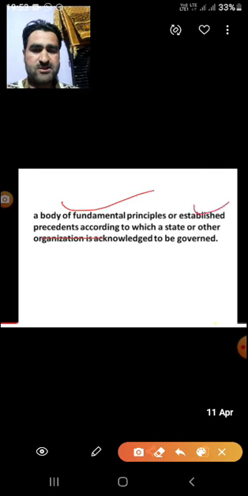We have both written as well as unwritten constitutions even in the world today. So it is not only the body of rules and regulations, but it also contains certain precedents according to which states or governments are run.